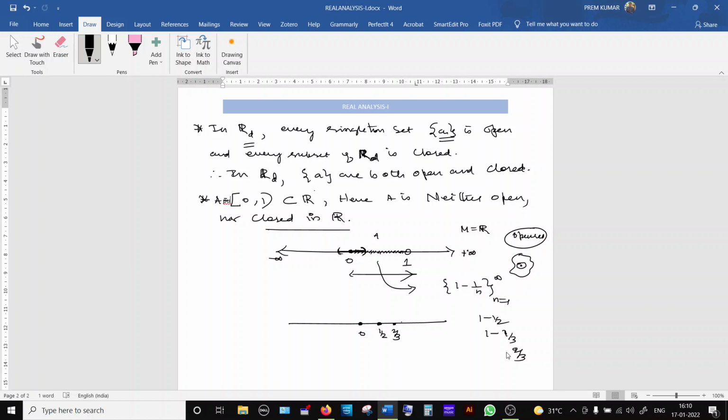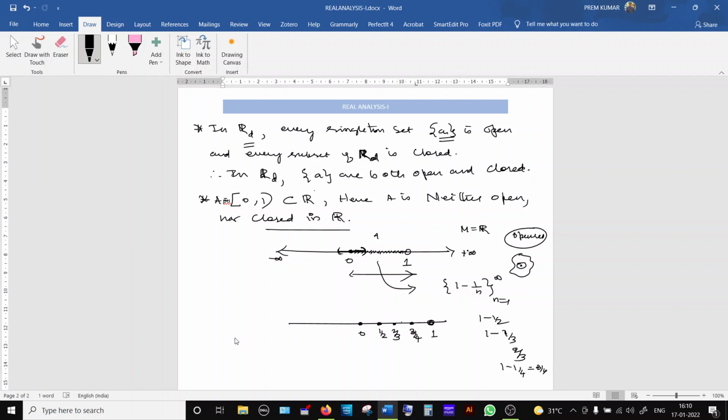Next 1 minus 1 by 4, that is 3 by 4, 0.75, something like this. So what happens when n tends to infinity? This sequence comes very close. When n tends to infinity, it converges to 1. This sequence converges to a point 1, but this 1 is not inside the set A.